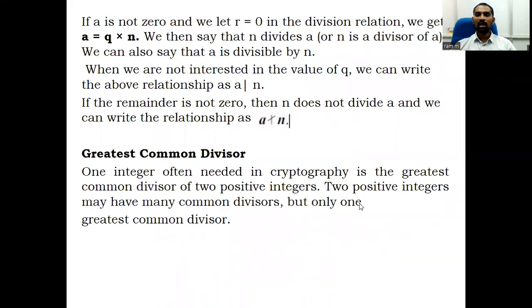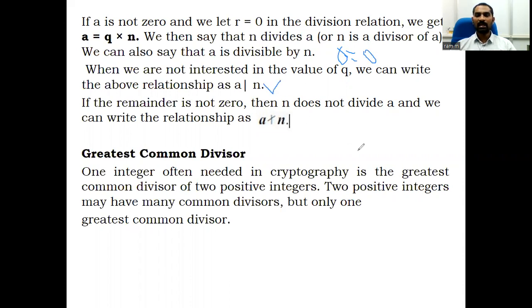Now we also have two definitions here in the division operation. If a is being divided by n, and if r equals 0, then what I can say is n exactly divides a.